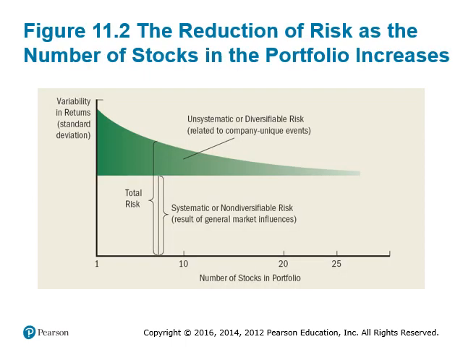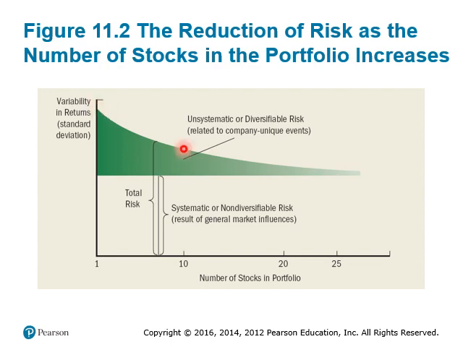So here is the reduction of risk as the number of stocks in the portfolio increases. You realize that from this point up to here, we have a horizontal curve, meaning that it's constant all through regardless of the variability in returns. The number of stocks in the portfolio is constant at this level, and then it's only from here upwards that the variability starts to change.